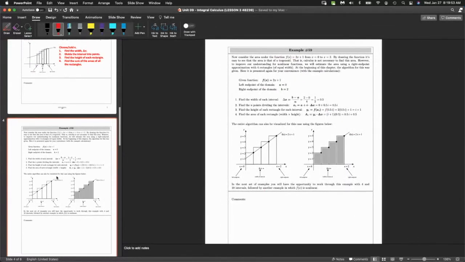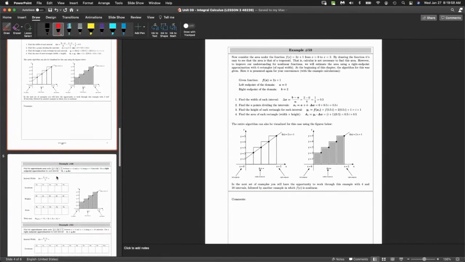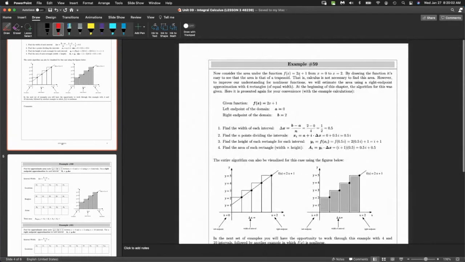And in 59, I actually have a breakdown of how you do it for a line. So this one here, I'm going to go through it on the next example and take you through it really slow so that you understand the entire process.